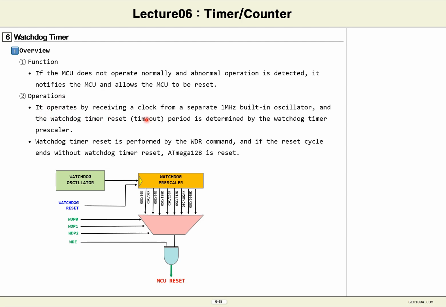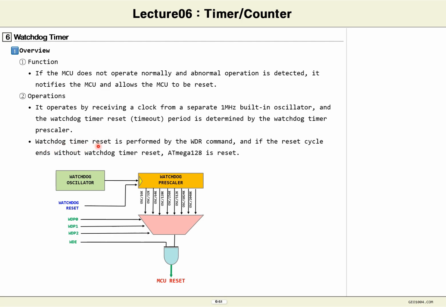The watchdog timer operates by receiving a clock from a separate 1 MHz built-in oscillator. The reset timeout period of the watchdog timer is determined according to the division ratio determined by the watchdog timer prescaler.